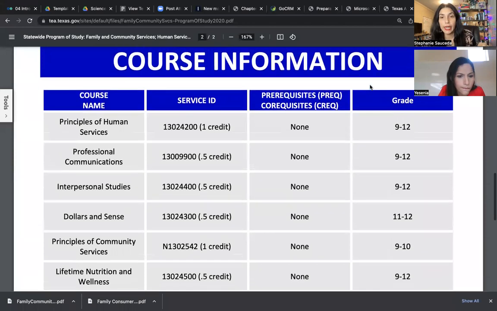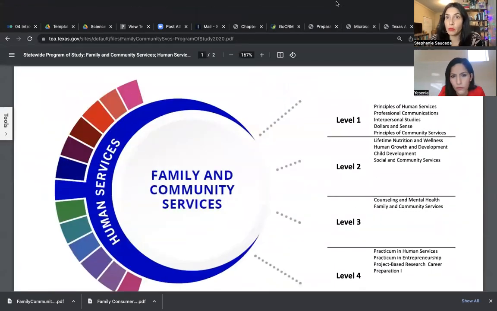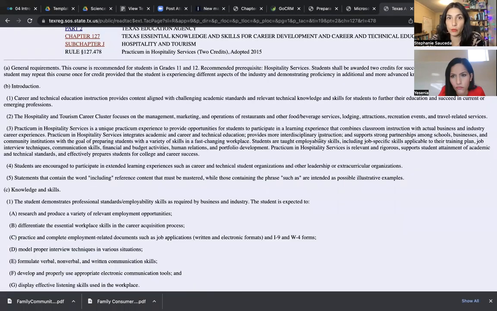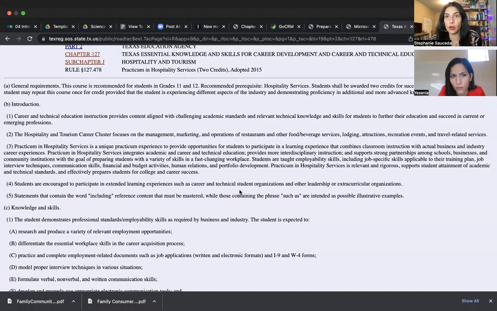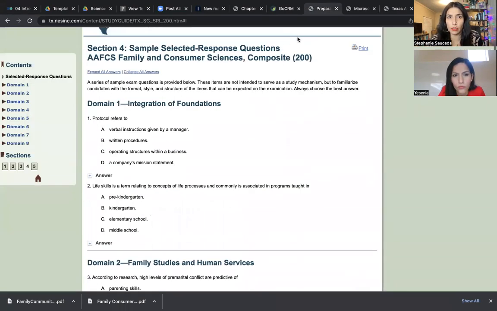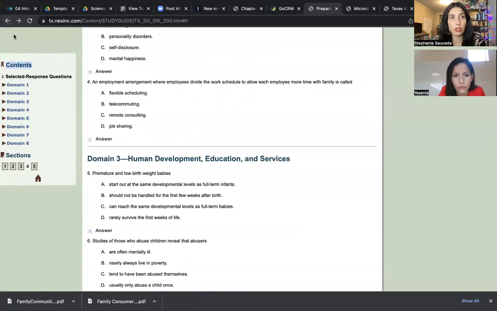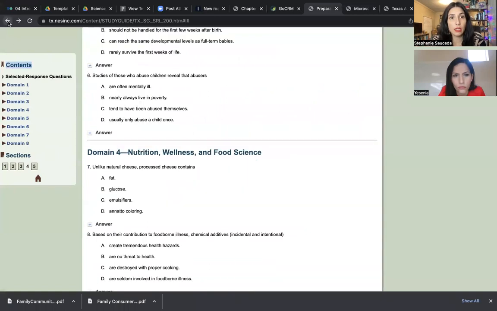Excuse me, your content, and then the TEKS, because the standards that we were looking at are where your test comes from. We can take a look at your exact test, and these are your domains.